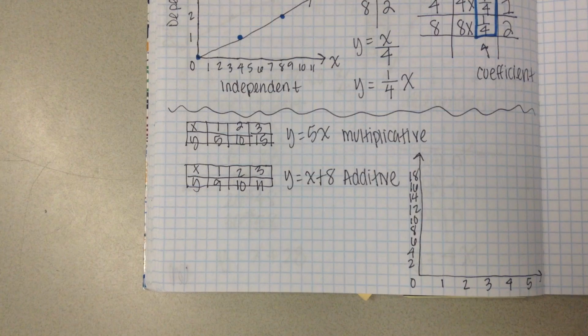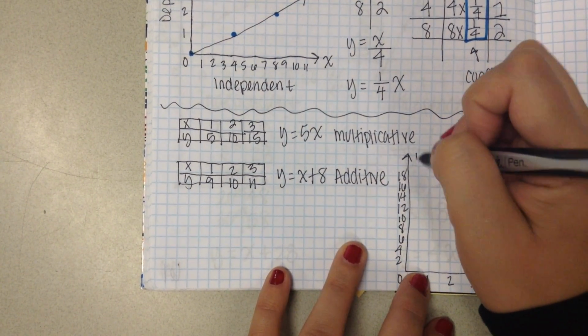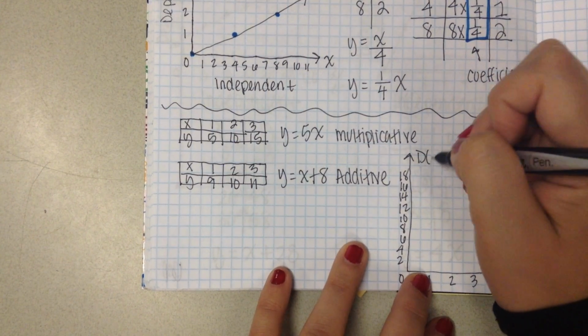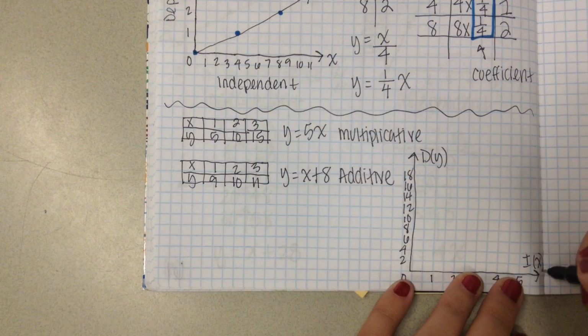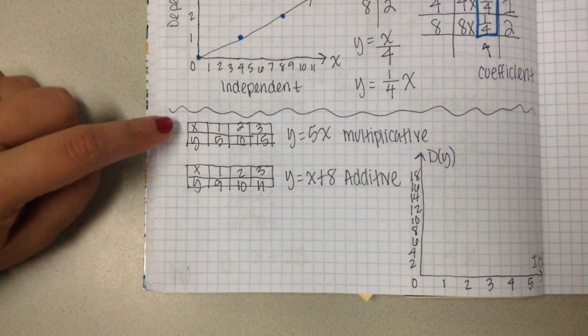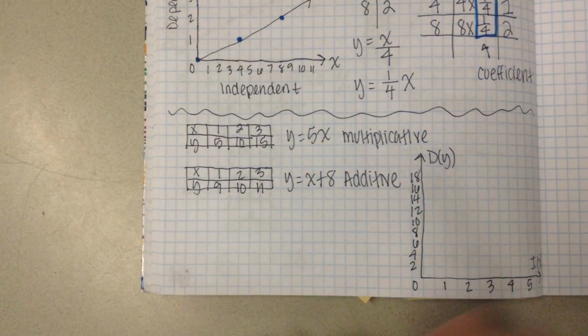This is dependent, which is y, and independent, which is x. We're going to start with the multiplicative one, and that one's going to be in blue.